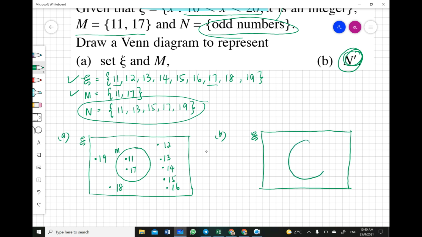The N can be anywhere, just make sure it is around the circle, closer to it.